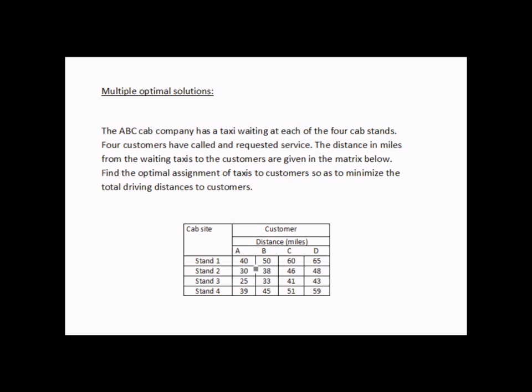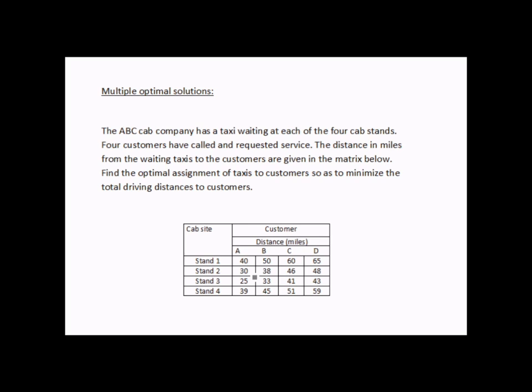Now if you look at the figures, that is the distance in miles, the cab standing at stand 1 will have to travel 40 miles to reach customer A. Similarly, it will have to travel 50 miles to reach customer B, 60 miles to reach customer C, and 65 miles to reach customer D. Similarly, the cab standing at stand 2 will have to travel 30 miles to reach customer A, 38 miles to reach customer B, and so on.